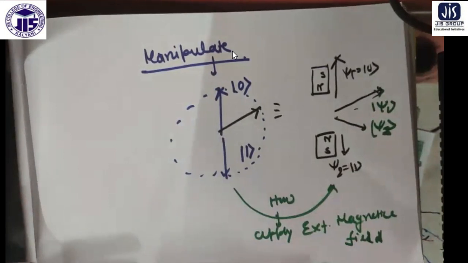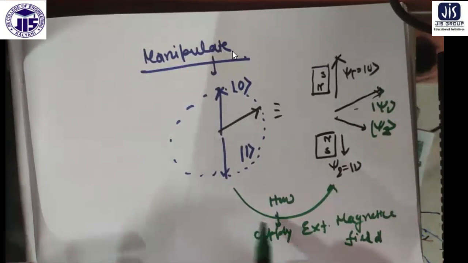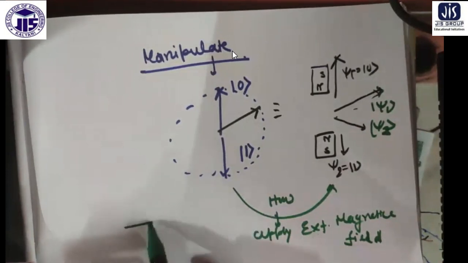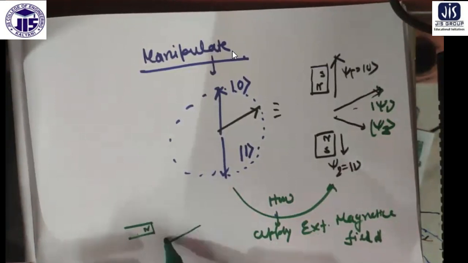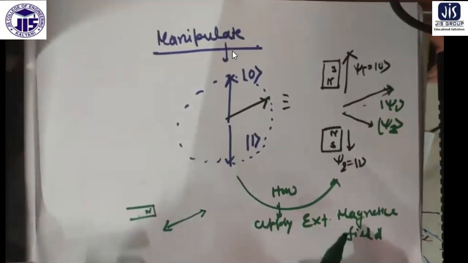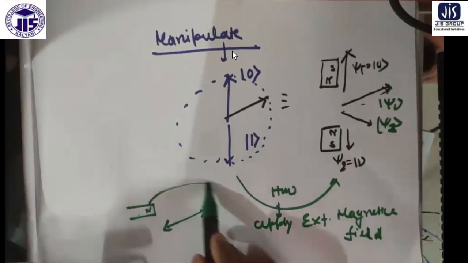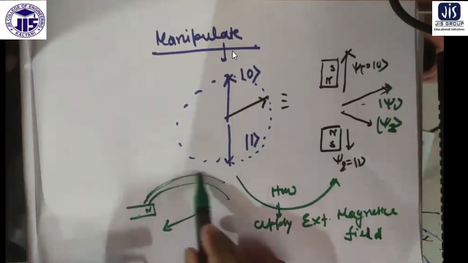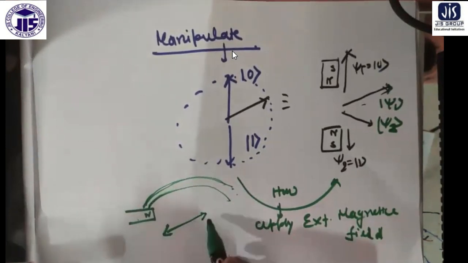Here I am talking about the magnetic property. So the idea is that in presence of an external magnetic field, suppose you are keeping a magnetic material, maybe a bar magnet, needle magnet. So what happens? These are the lines of forces.